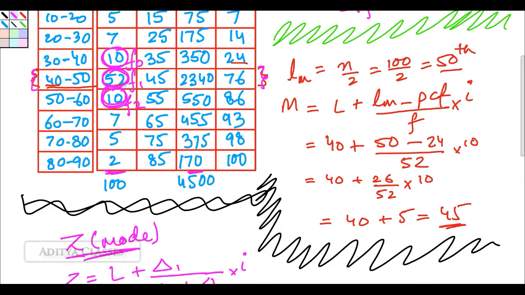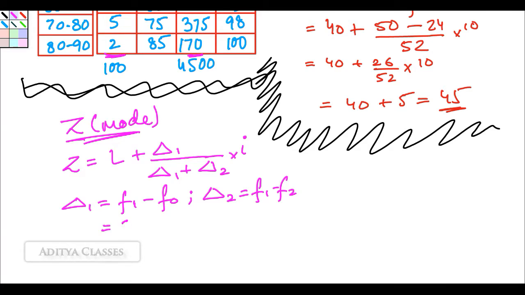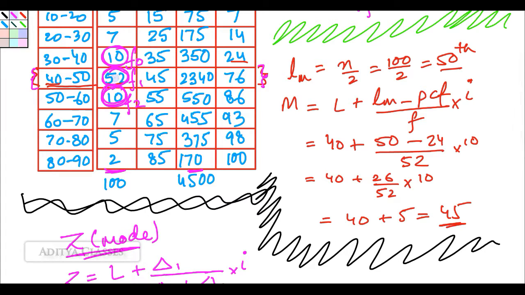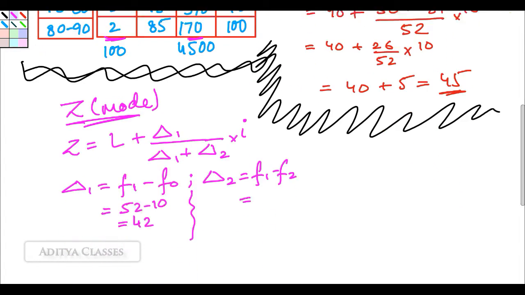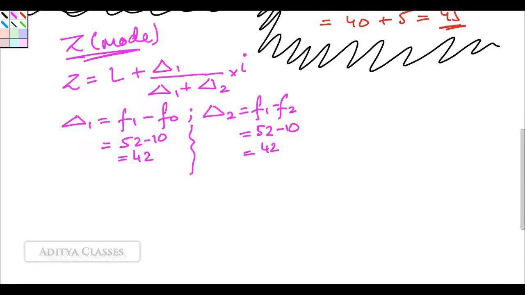Delta 1 is the difference of F1 and F0. So in our case it becomes 52 minus 10 or 42. What about delta 2? F1 minus F2. F1 52 minus F2 10. So again it becomes 52 minus 10 is equal to 42. So delta 1 and delta 2 both are 42 only.